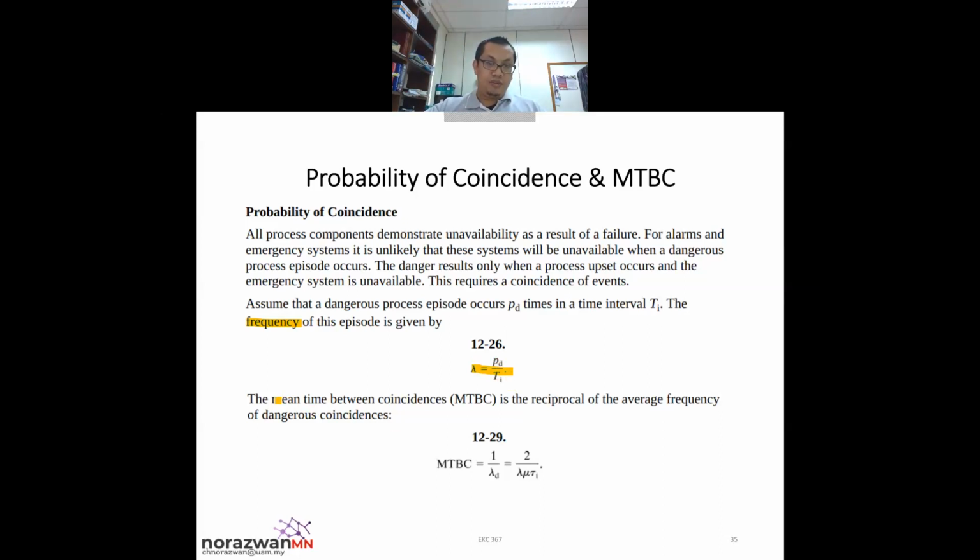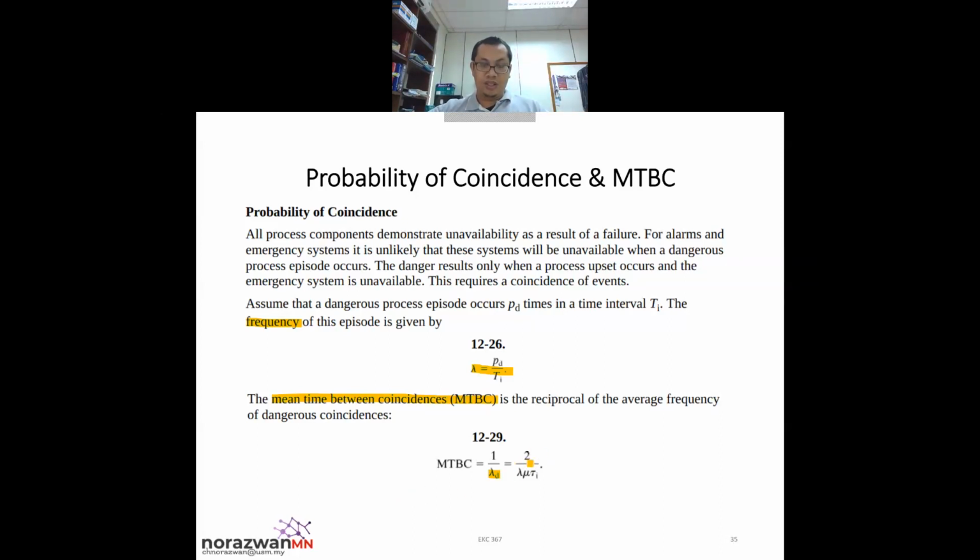Then you have your mean time between coincidence, MTBC. Before this, you had your mean time between failures; now you have your mean time between coincidence. Mean time between coincidence is equal to 1 over lambda. If your MTBF is equal to 1 over mu, your MTBC is equal to 1 over lambda, or frequency.